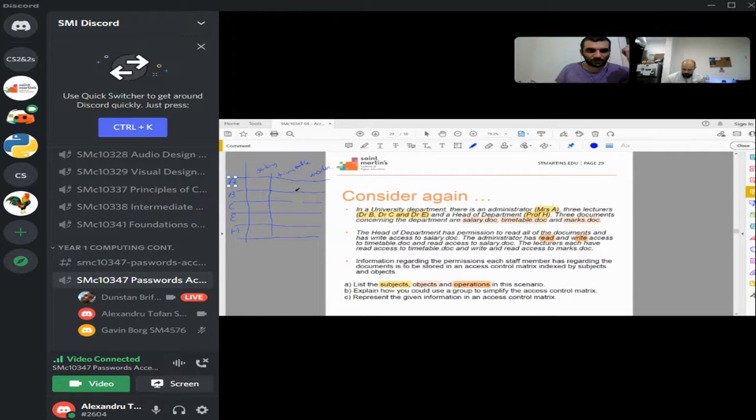And we see how we're going to allocate the rights for these. If we start off, head of department has the permission to read all of the documents and has write access to salary. So over here, these are usually represented with curly brackets, you've got read and write for salary.